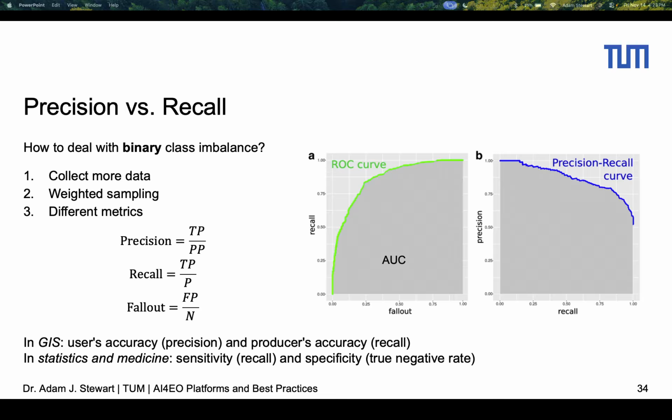The other thing that's going to be really confusing, how many of you are from like a GIS, geography background? Anyone? One or two? Okay. In that area, you probably know phrases like user's accuracy and producer's accuracy. These are the exact same thing as precision and recall. In statistics and medicine, we use sensitivity and specificity.